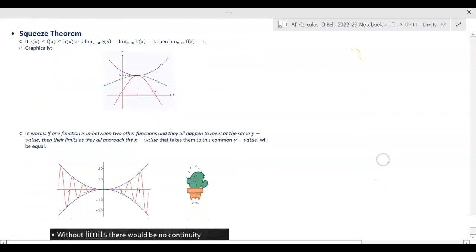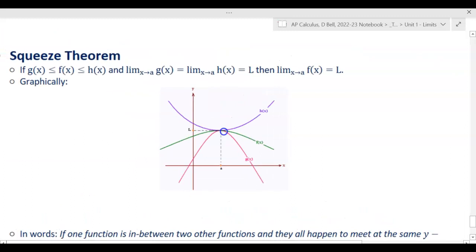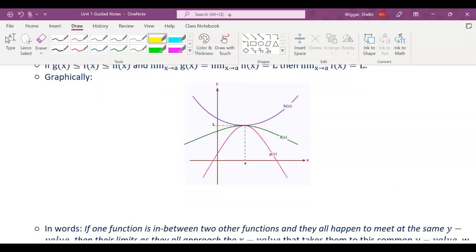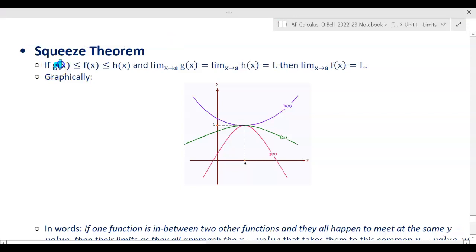Now, the squeeze theorem is here, and it is part of Unit 1. We're not going to practice it, nor am I going to assess you on it, but I'm going to tell you what it is. It's not a super interesting theorem. So it says if g of x is smaller than f of x and f of x is less than or equal to h of x, so we've got three functions, one on top, one on the bottom, one in the middle.